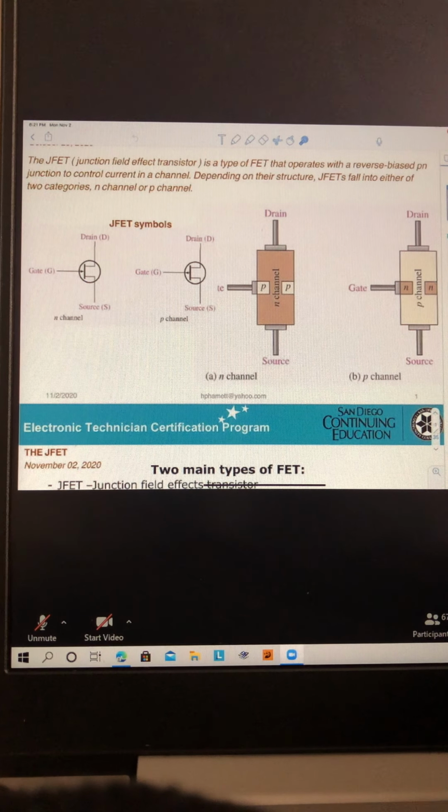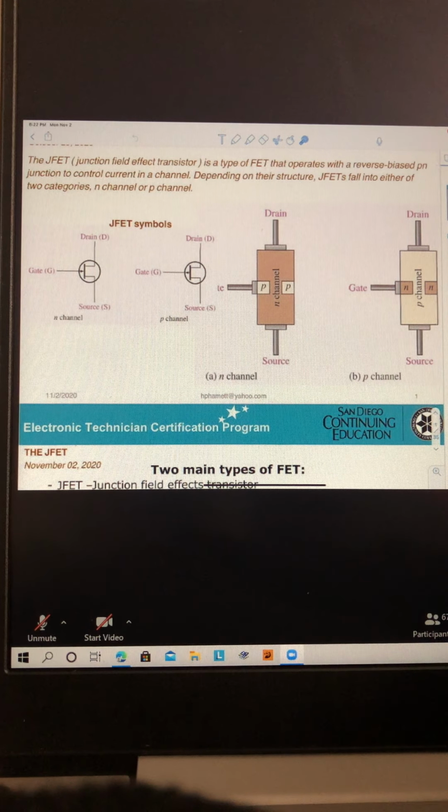What's the difference? The arrow pointing out on the P channel. You can see right here, it's either arrow in or arrow out. Arrow in is N channel, and arrow out is P channel. And also they have three terminals: drain, gate, and source.